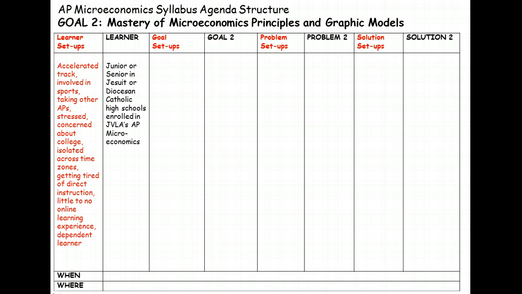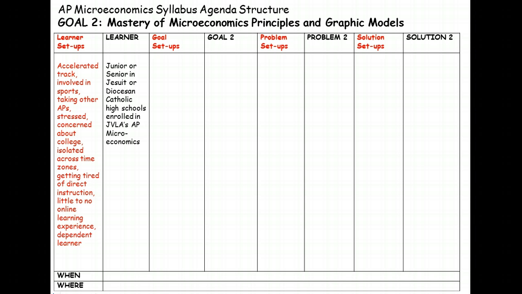They're probably juniors and seniors enrolled in Jesuit or diocesan Catholic high schools and enrolled in JVLA's AP Microeconomics course. But their characteristics and traits in the learner setups in the first column there might be they're involved in an accelerated track at their school, they're involved in sports, they may be taking other AP courses, they're probably stressed, concerned about college.